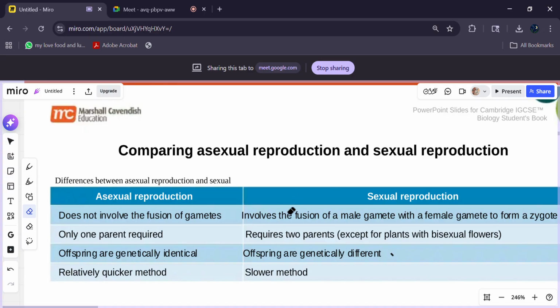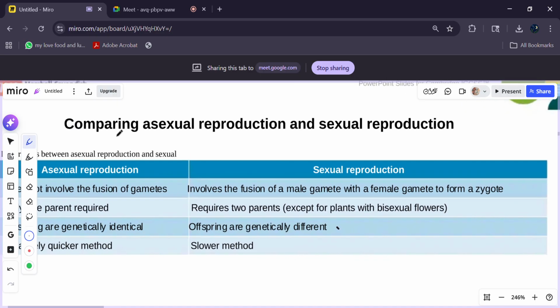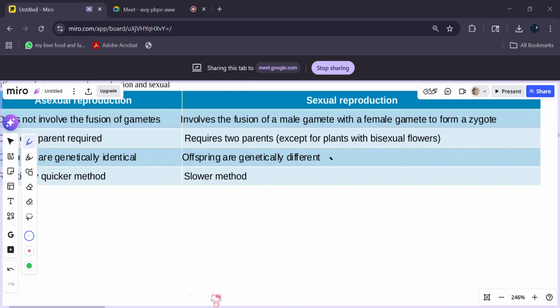In sexual reproduction, it involves the fusion of a male gamete with a female gamete to form a zygote, and it requires two plants, except for plants with bisexual flowers. Offspring are genetically different, and it's a much slower method compared to asexual reproduction.